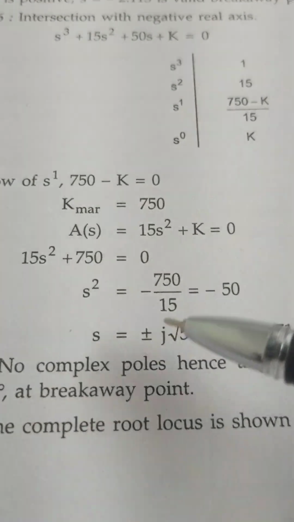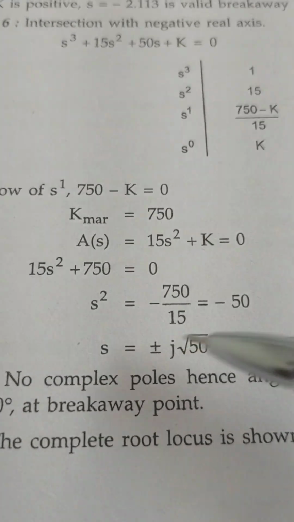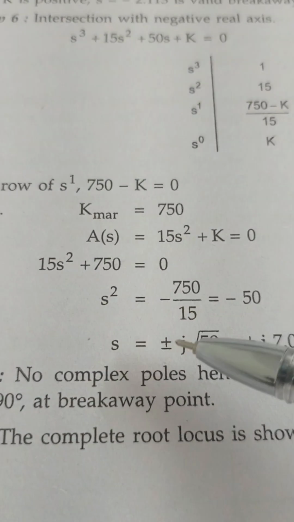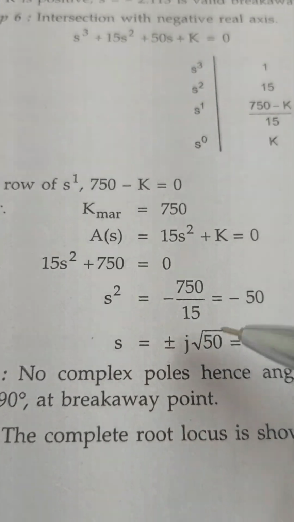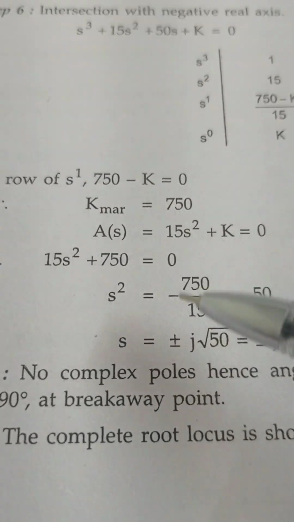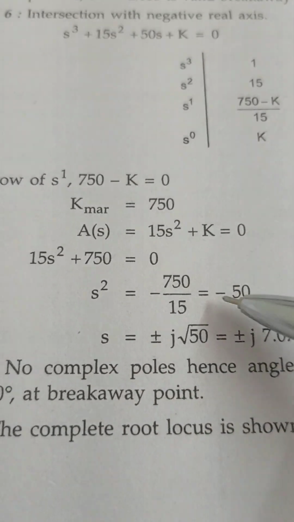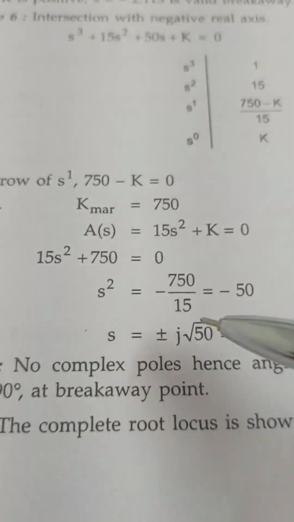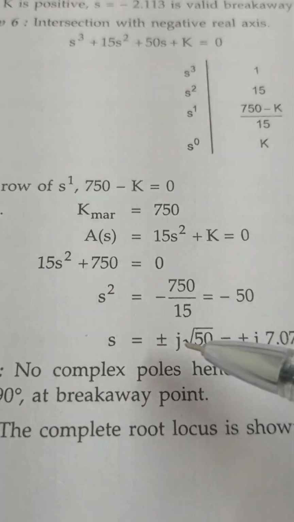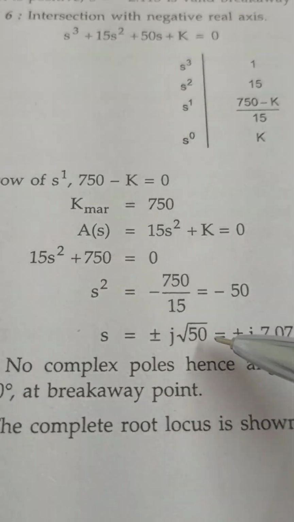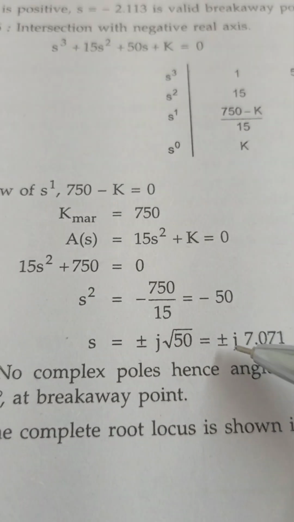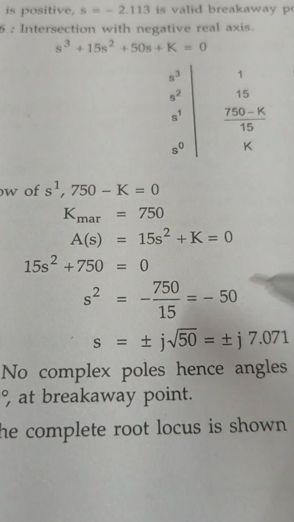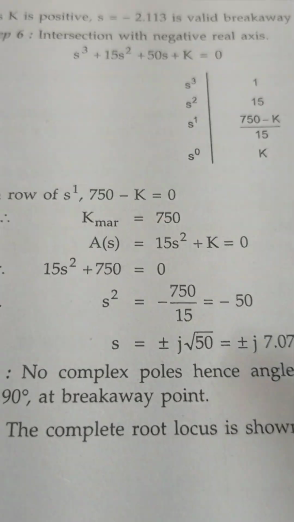Therefore s equal to plus or minus j square root of 50. The term j comes because of the minus sign. So s is plus or minus j 7.071, where j means the imaginary part.